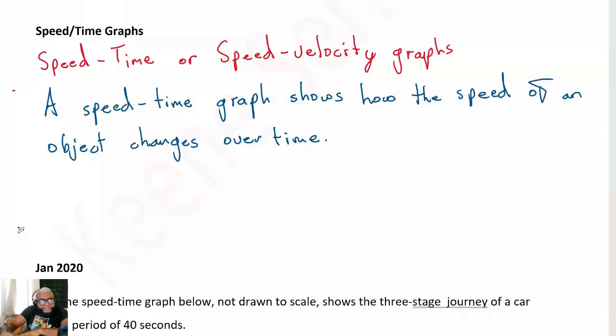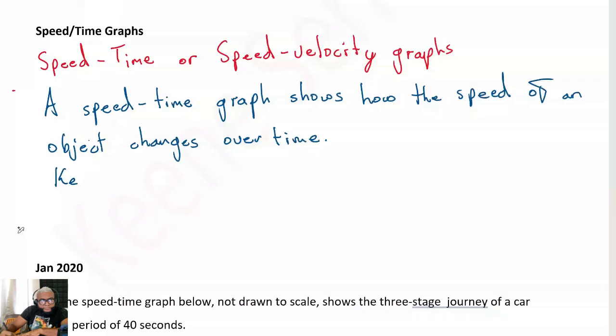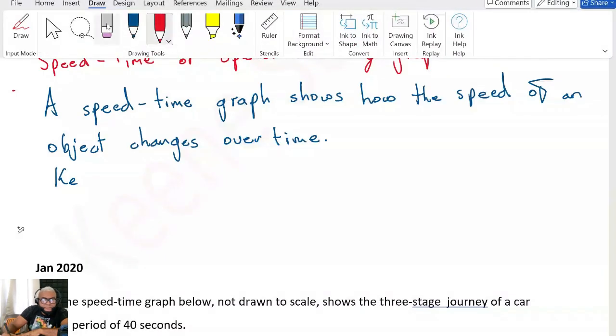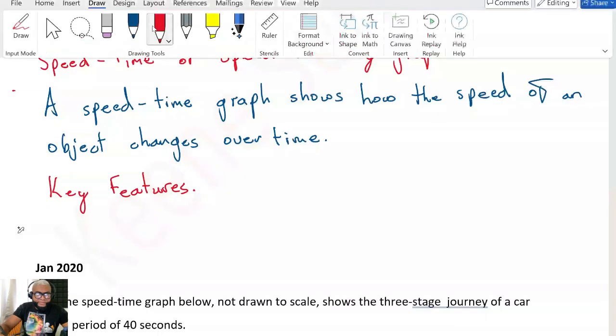So we have some key features for these speed time graphs, right?